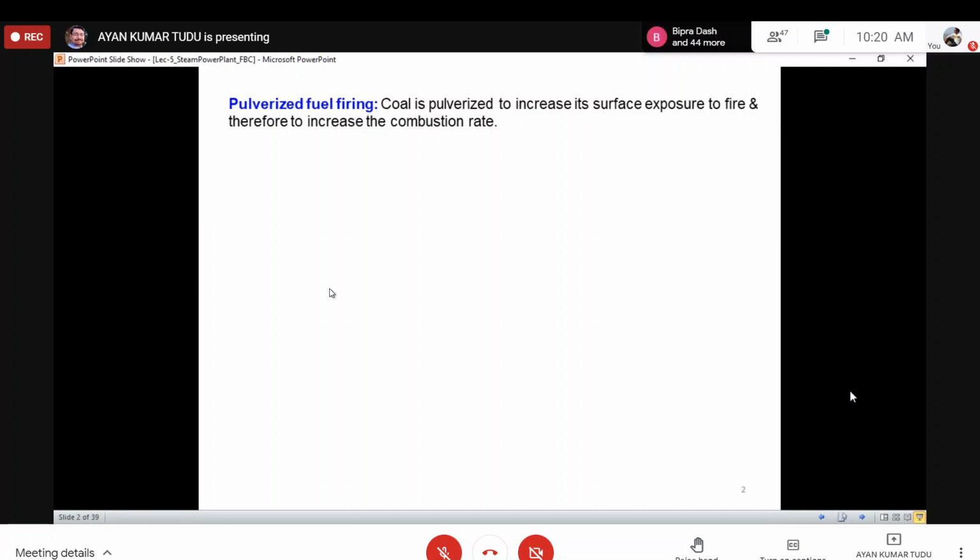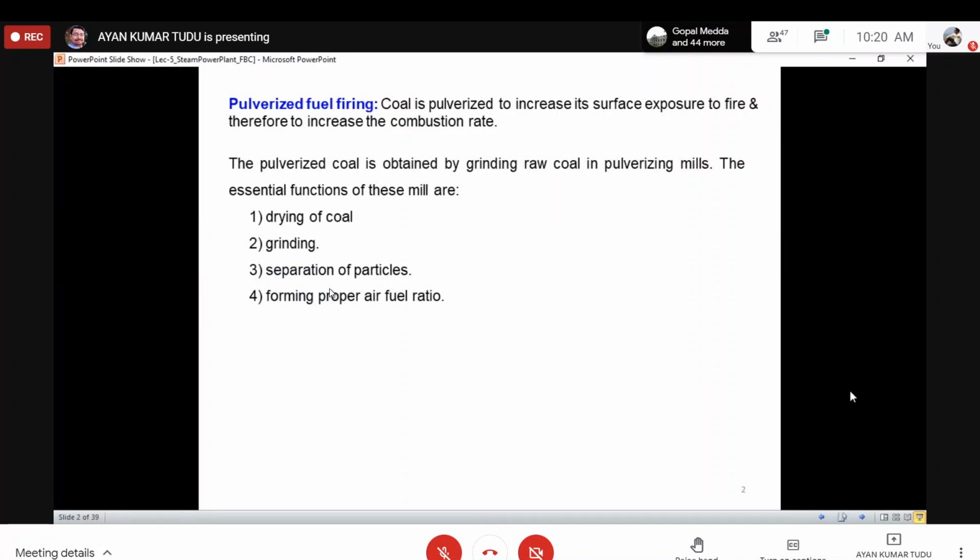So what is happening is we are grinding the raw coal in pulverizing mills. Okay, so what is the purpose of these mills? The essential functions of these mills are drying of coal, grinding, separation of particles, and forming proper air fuel ratio.